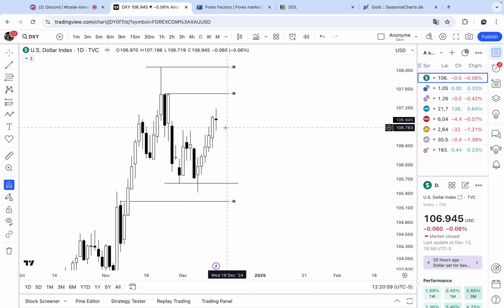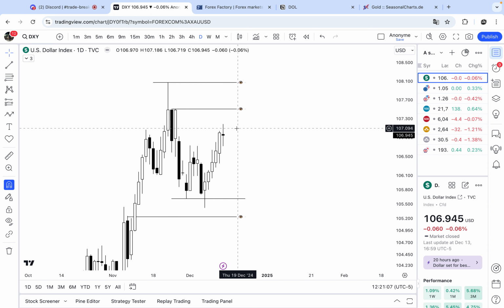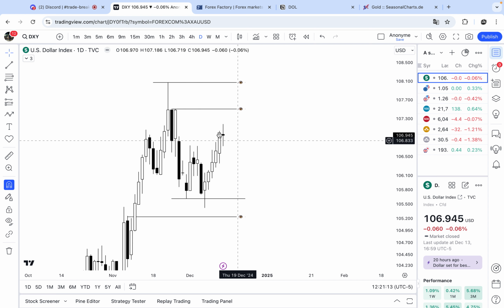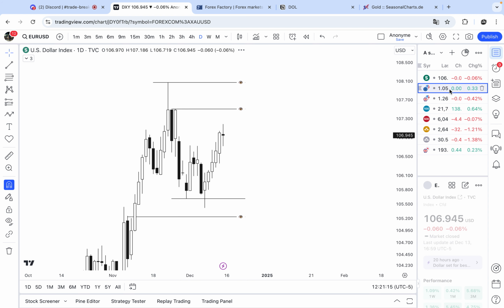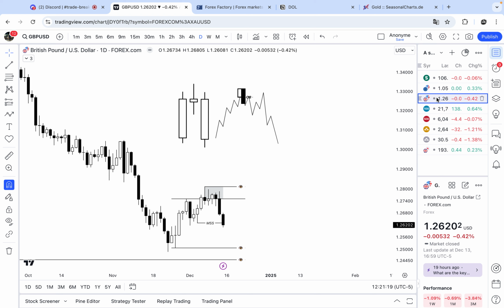Because as you can see, my bias for now is bullish on DXY. If we are bullish on DXY, then you need to be bearish on these two pairs.